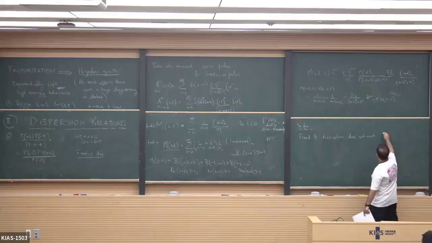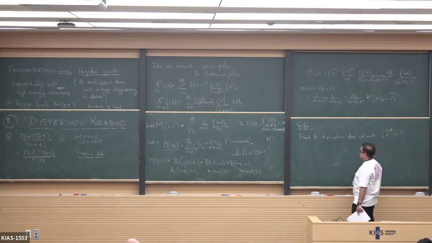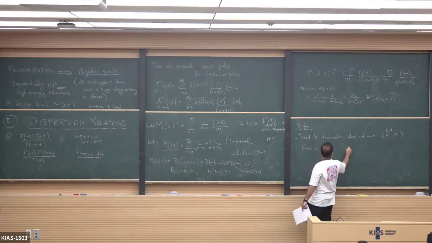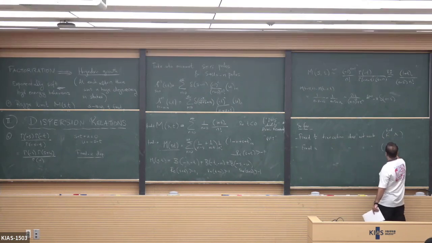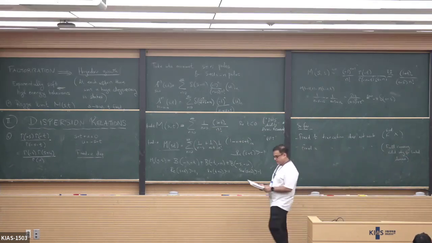And the failure was that the fixed angle was not captured. Fixed U does not work. Full crossing symmetry, if you want full crossing symmetry, is valid only for a limited domain.